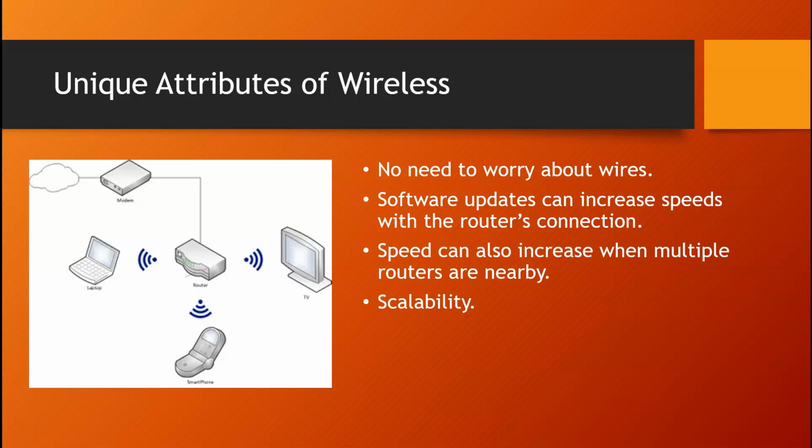Also, with speed, you can increase it by having multiple routers within the building. That way, if one of the routers drops, you can always connect to another one, and they don't all have to be sharing one router that all the computers go through. It can kind of share the burden.